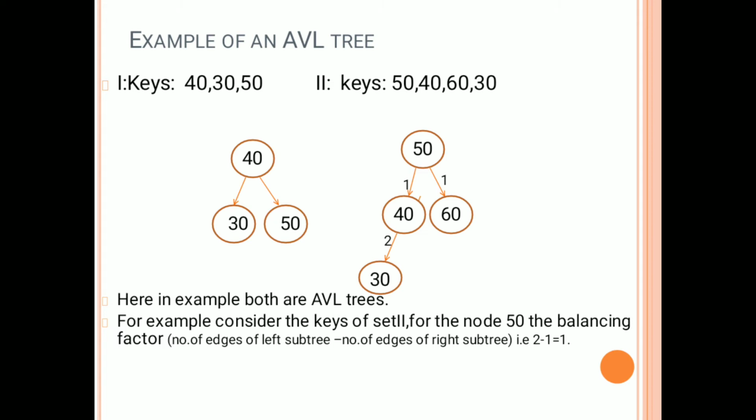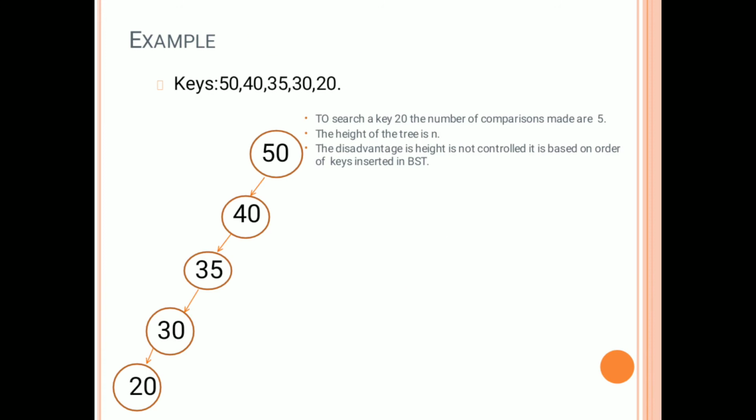That is, the balancing factor of the node 40 is 1. So both the trees in the given examples are considered AVL trees. Now consider a binary search tree of keys 50, 40, 35, 30 and 20.